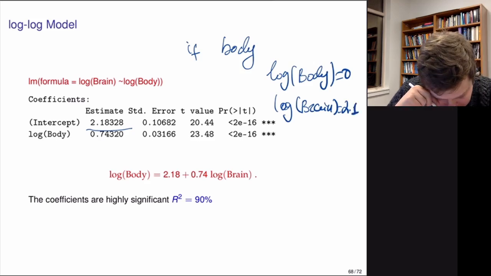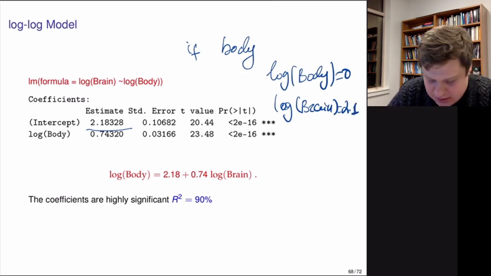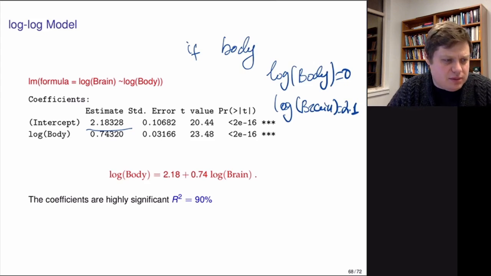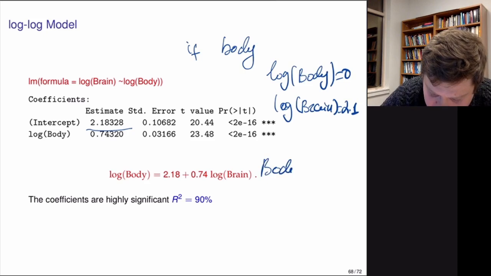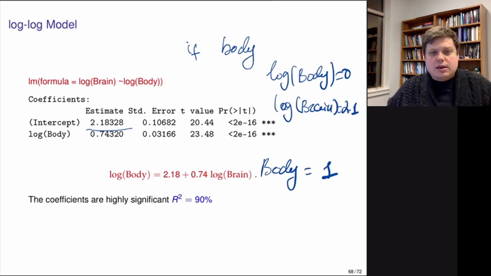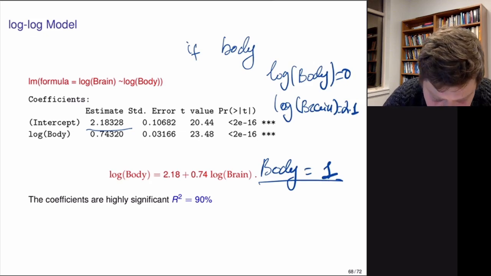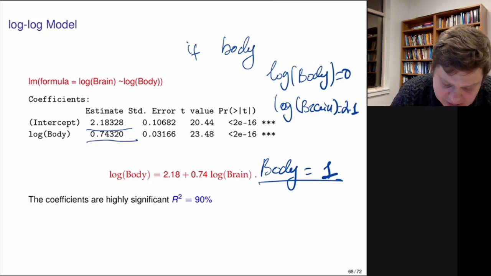Well, it's a meaningless statement. If log of the body is 0, it means that the body itself is 1. I'm not sure if there's any interpretation, but this number has interpretation.